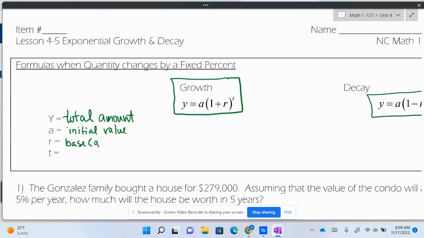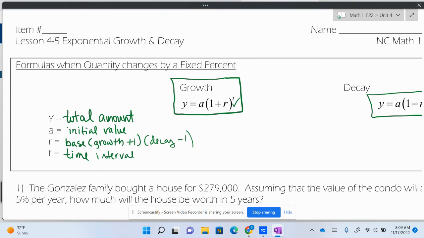And if we are doing a growth, we're using the +1 formula right here. And if we're using a decay, we're going to take that base and do the subtract 1. And then T is your time. Usually your time interval, typically in years, but not always. So it's just your time interval.